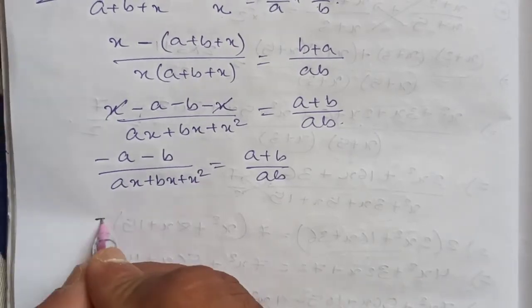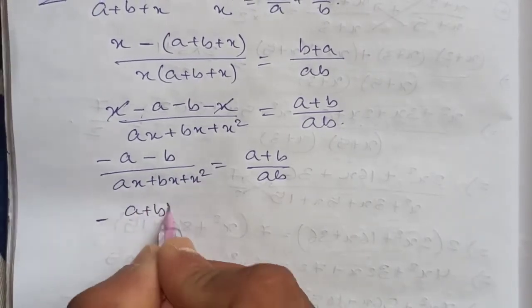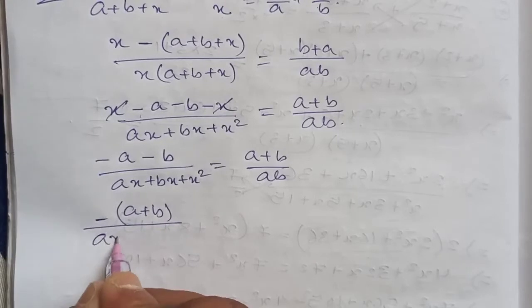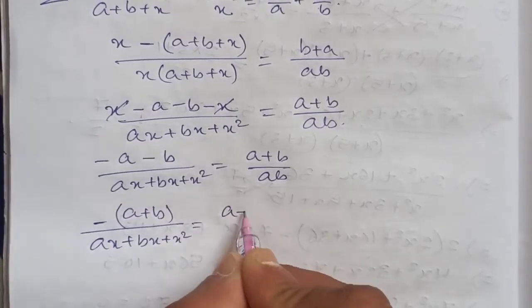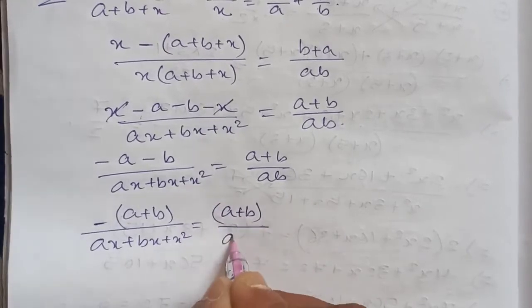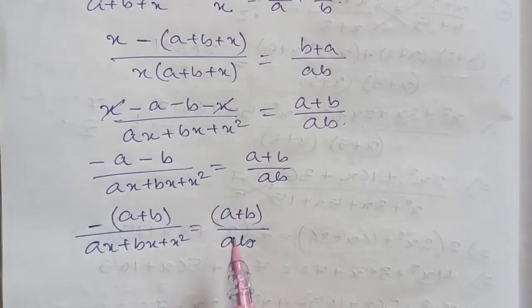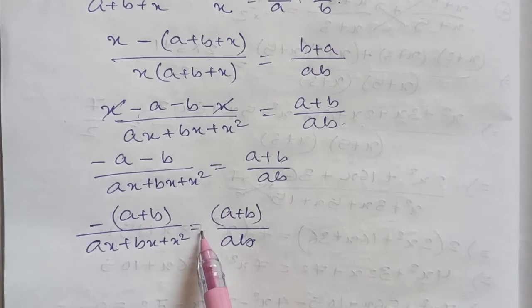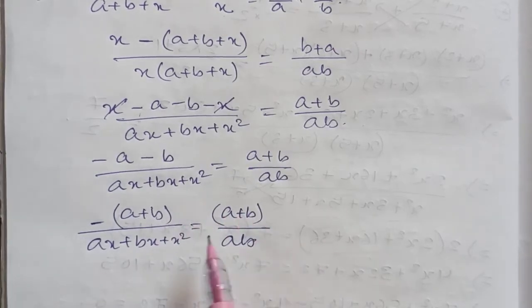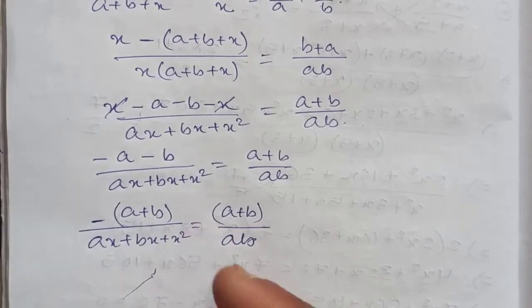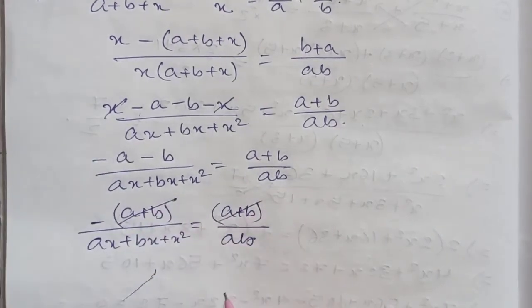Okay, you will get minus a plus b by ax plus bx plus x square equals a plus b by ab. In the previous question I told you, whenever there is an equals sign in the middle and both the LHS and RHS have the same term in the numerator, then you can cancel a plus b, a plus b.